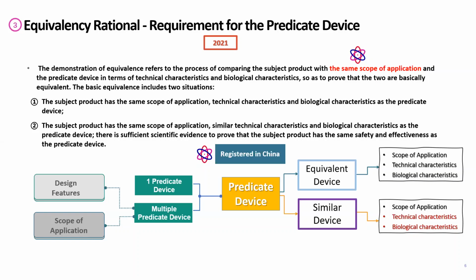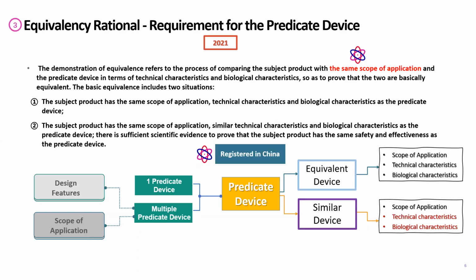And also in the guidance, the NMPA mentioned that the similar device can only give partial clinical evidence to support the clinical evidence of the subject device. This is one important thing about the two types of predicate device.